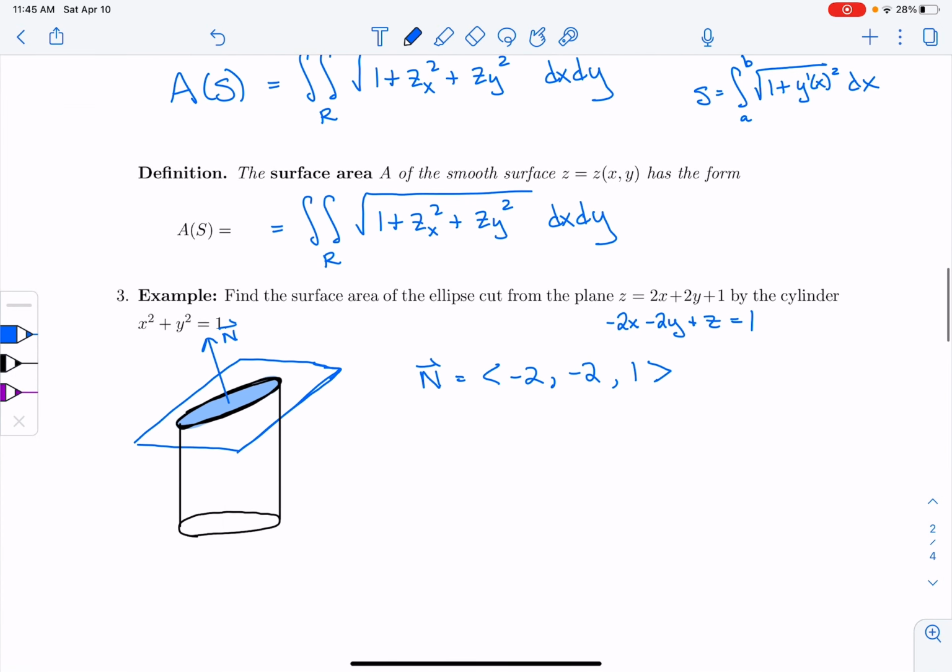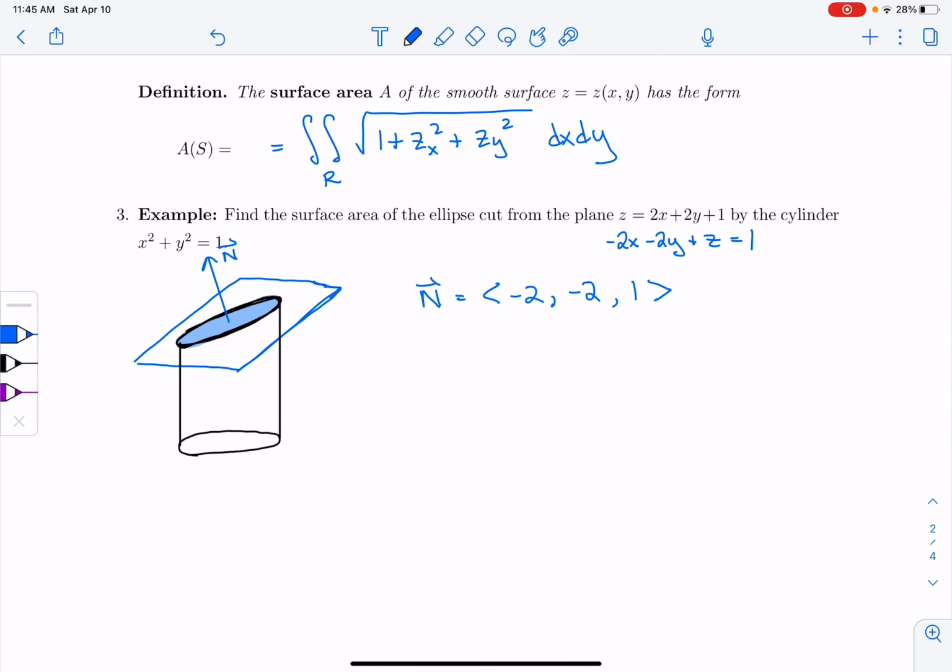So that's my normal vector. The length of the normal vector is the square root of negative 2 squared plus negative 2 squared plus 1 squared. That's the square root of 9, which is 3. So now, what is the area?